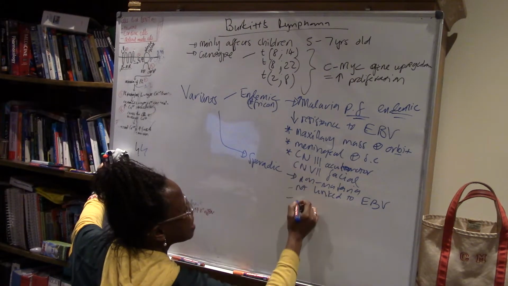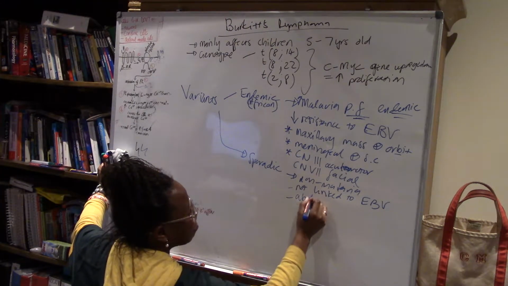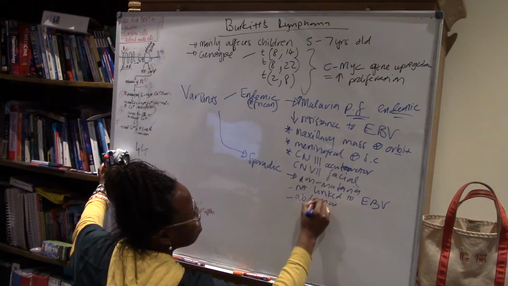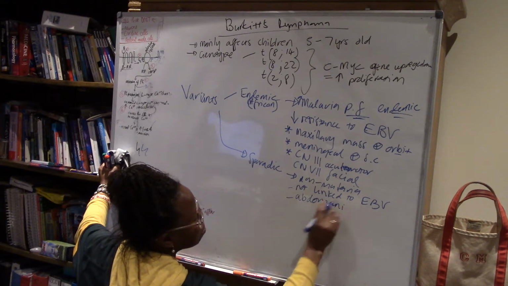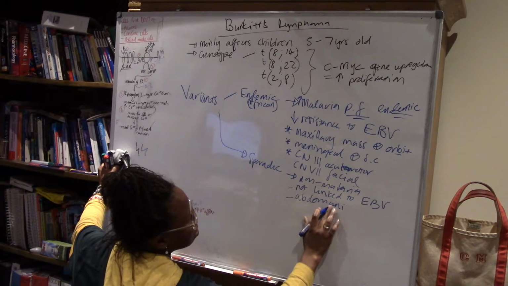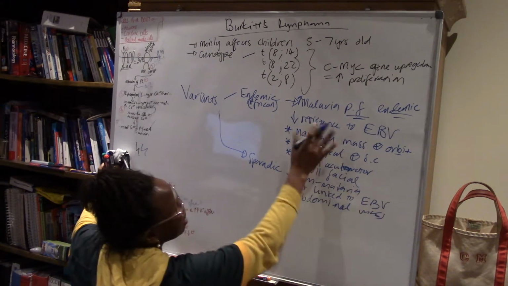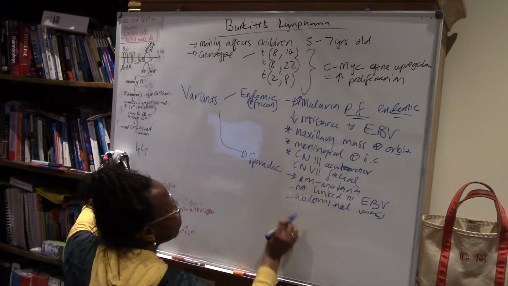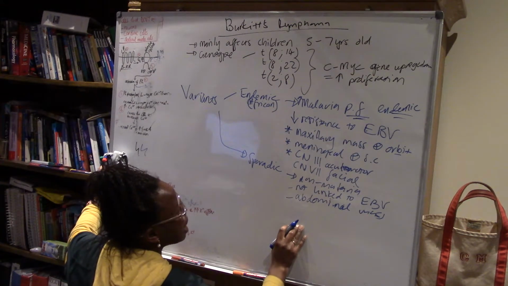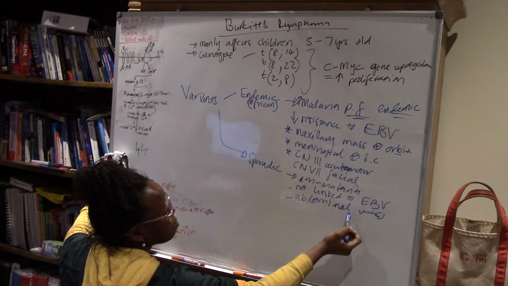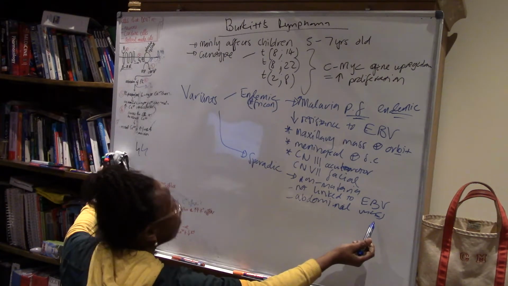It might present with an abdominal mass instead of facial. The facial is not as common on this one, and so it's not really linked to EBV, and it might have an abdominal mass.